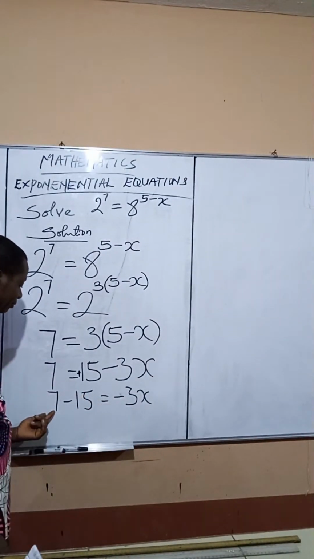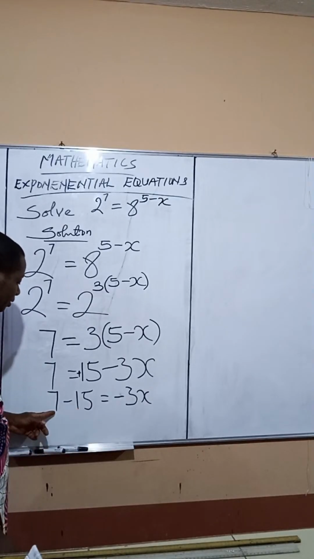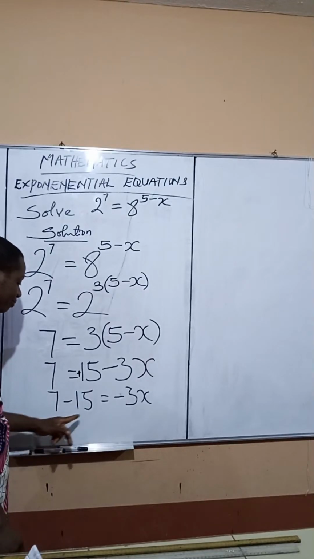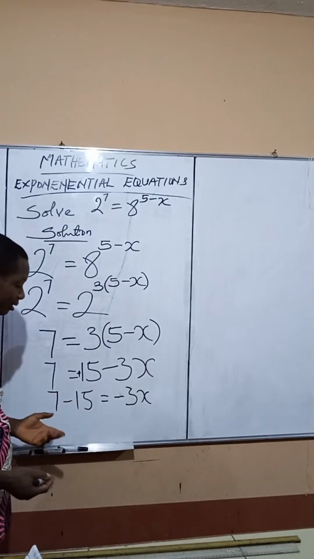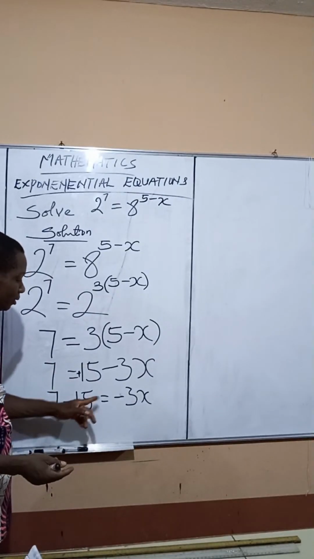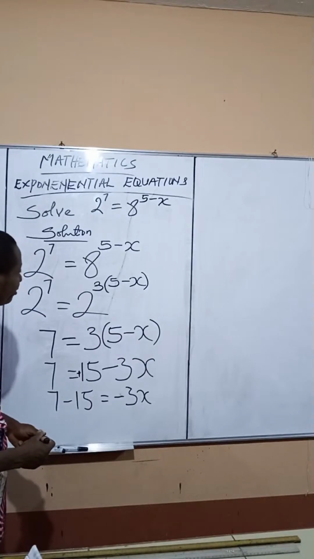Then what is 7 minus 15? Or just say 15 minus 7 is 8. So the negative of 8, which is minus 8, is what we are going to get over there, right?